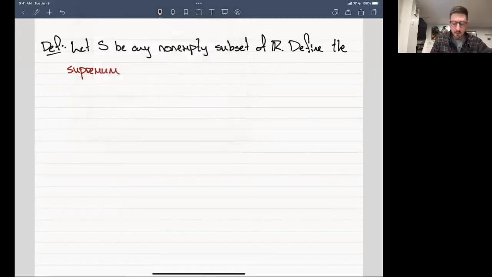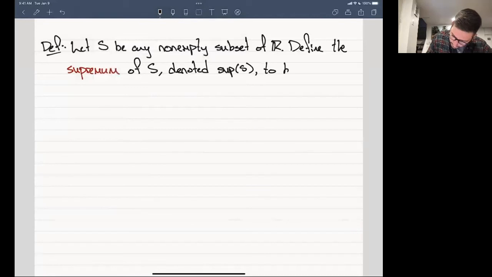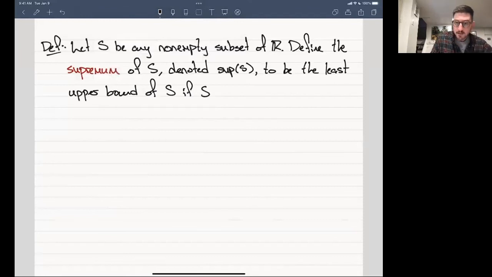So the supremum of S, and we're going to denote it sup of S, to be the least upper bound of S if S is bounded above. So if it has an upper bound.